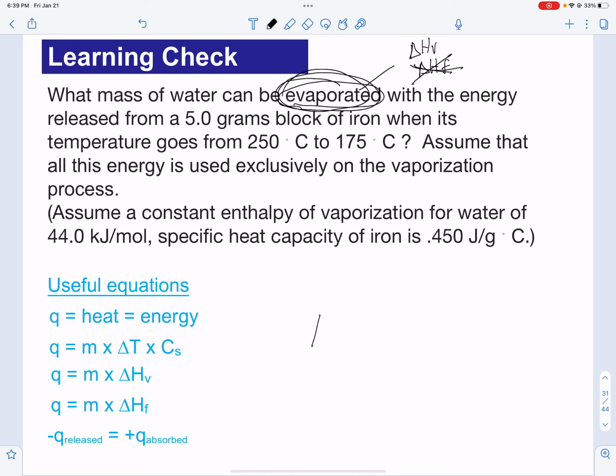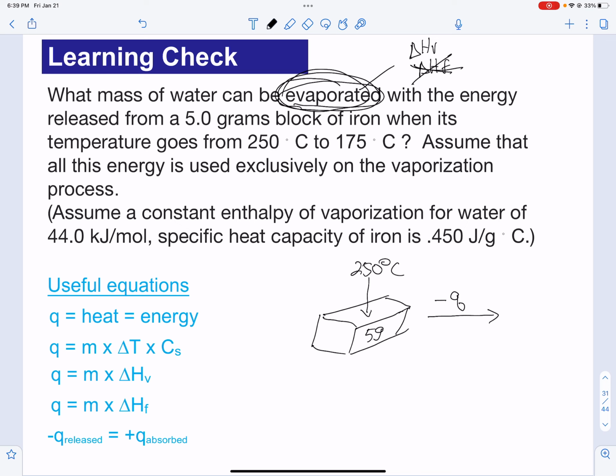I have a block of iron. This helped me visualize it better. And this block of iron weighs 5 grams. And this block of iron at this particular time is at 250 degrees Celsius. And it's going to lose energy.